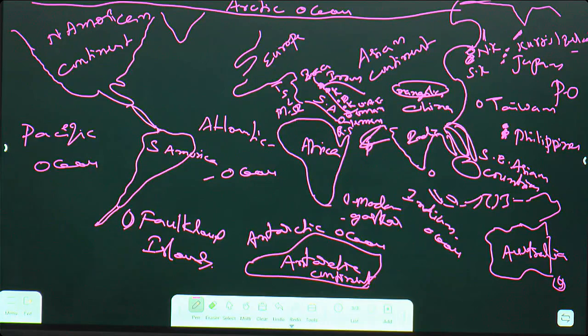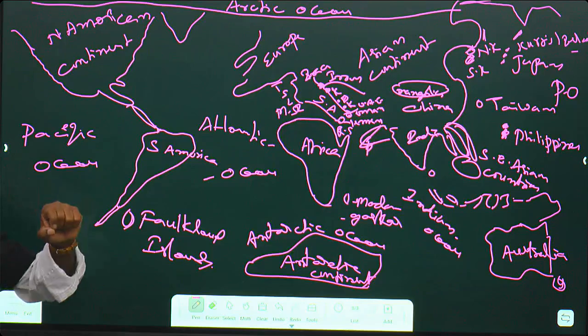The major reasons are 4. One is subtropical high pressure belts. The second one is offshore winds. Third one is westerlies. Fourth one is cold currents. Clear?